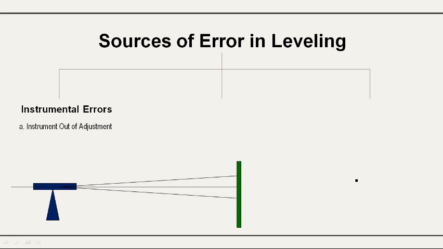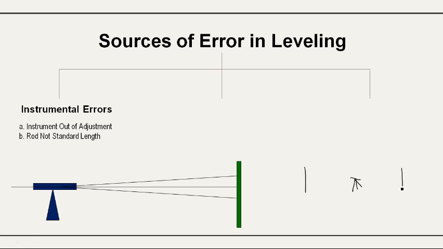Meaning, the distance from the backsight station to the instrument is nearly equal to the distance from the instrument to the foresight station.